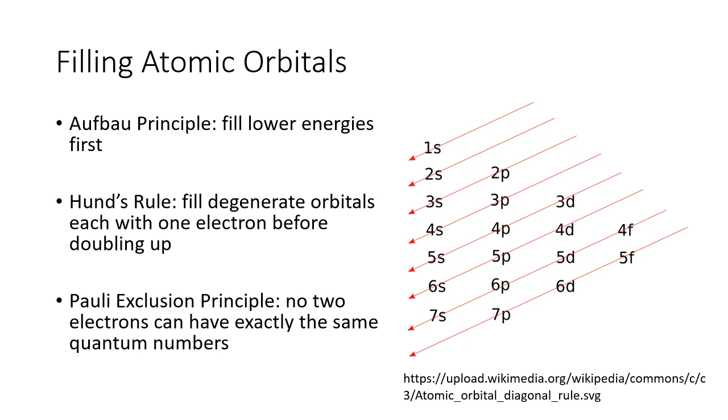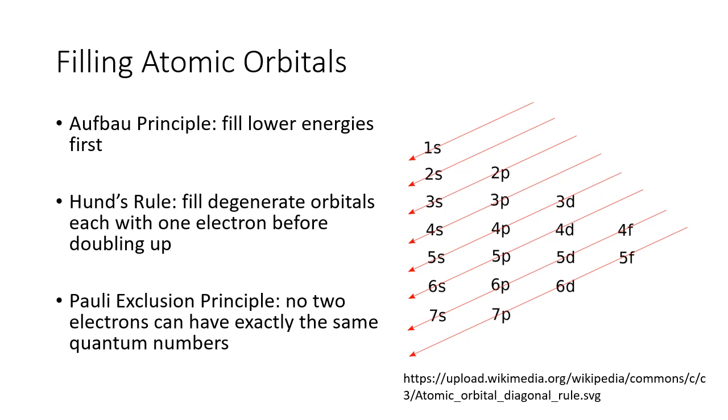So if the room is available, we each go 1 to a room. If there's not a room available, you stay in a room with as few siblings as possible. You don't want lots of roommates. The occupancy in these rooms is a maximum of 2. So that's Hund's rule, according to trying to put siblings into their rooms.